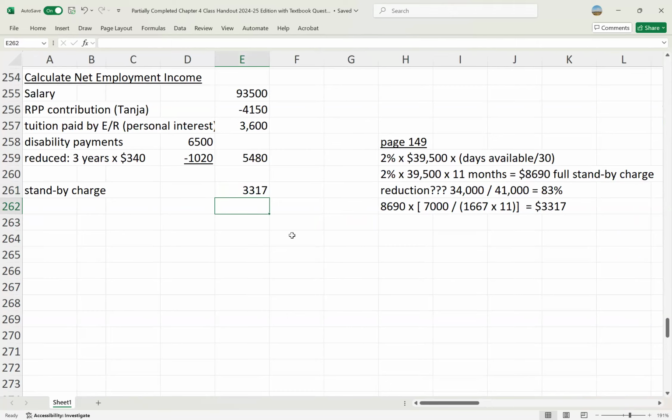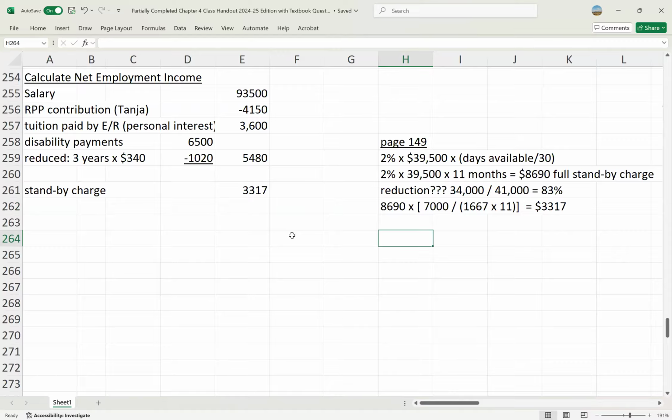Questions about the standby charge? Now, the examples that we did in chapter 3, there was the operating cost benefit as well. The operating cost benefit is basically saying that there's going to be operating costs associated with using this car. Gas, repairs and maintenance.